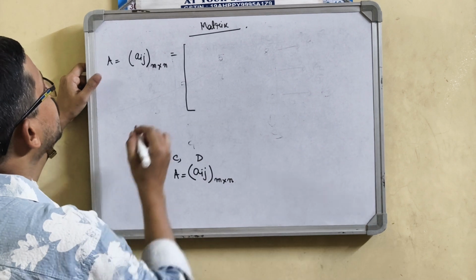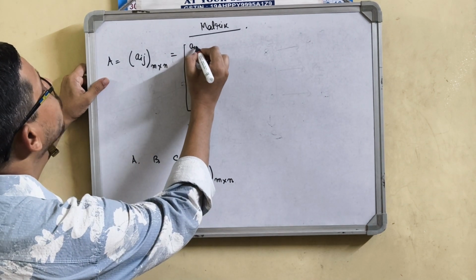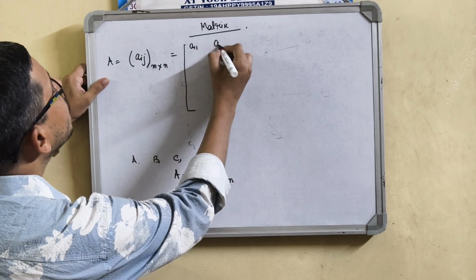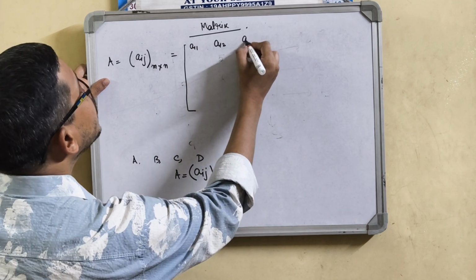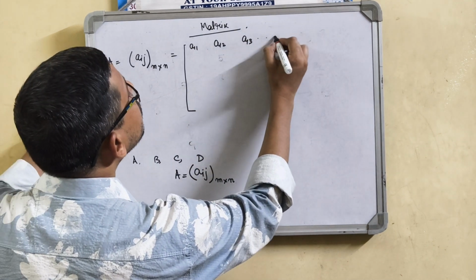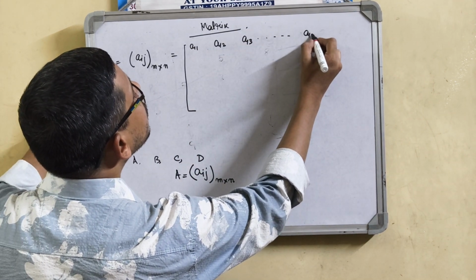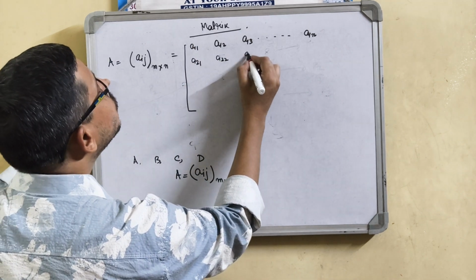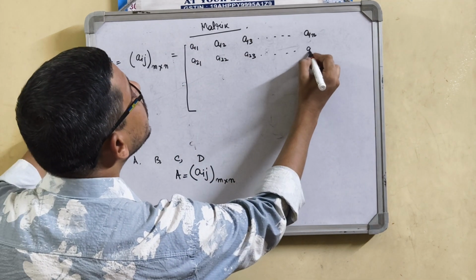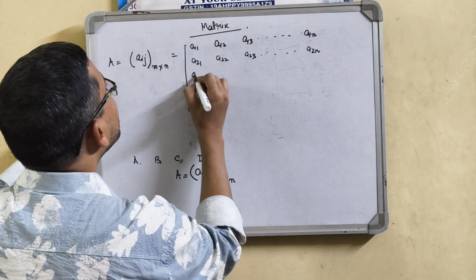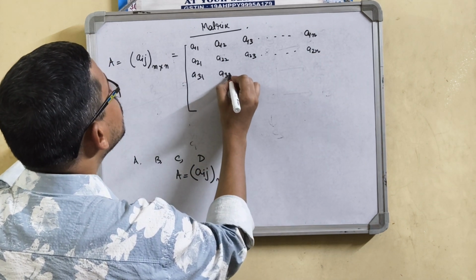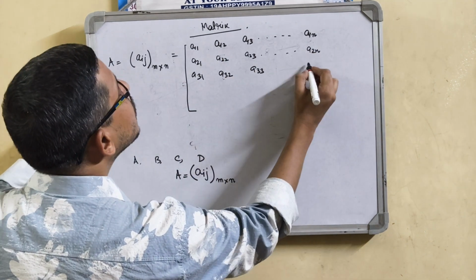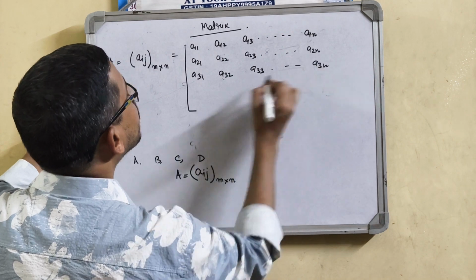The representation is A11, A12, A13 and going on to A1n. Then A21, A22, A23 up to A2n, then A31, A32, A33 and A3n.